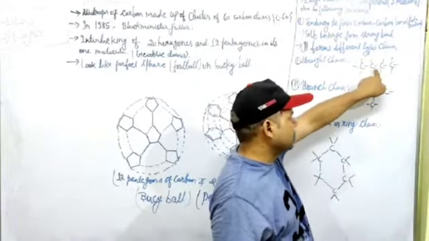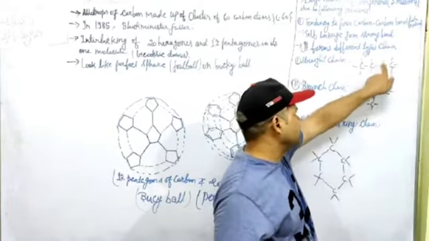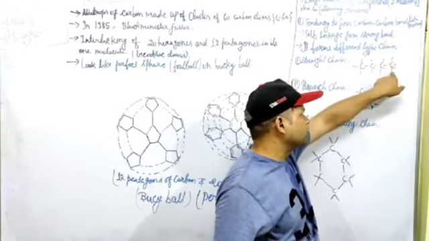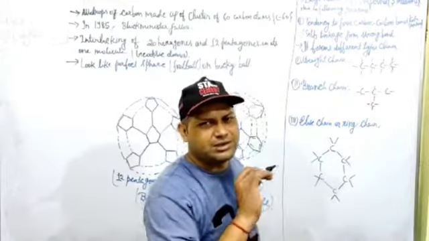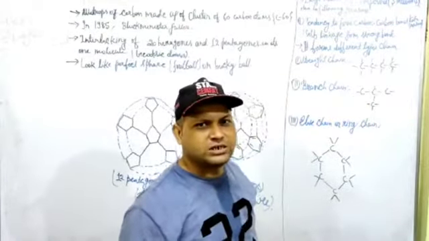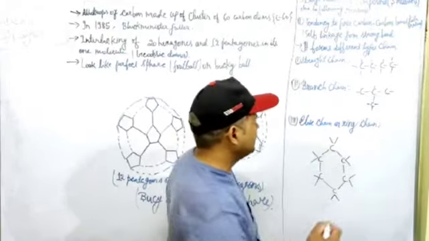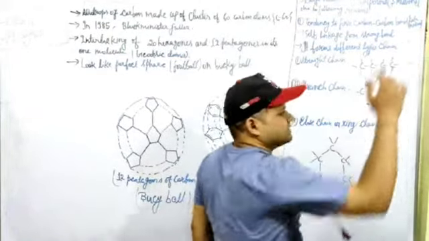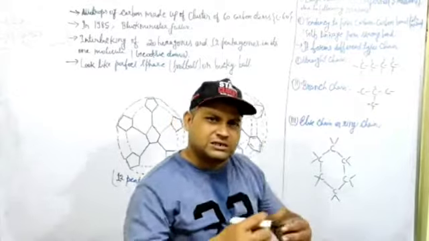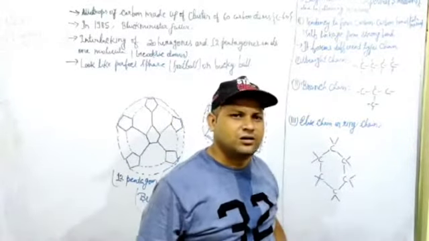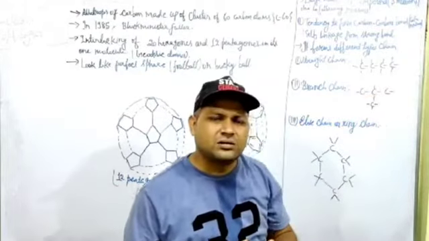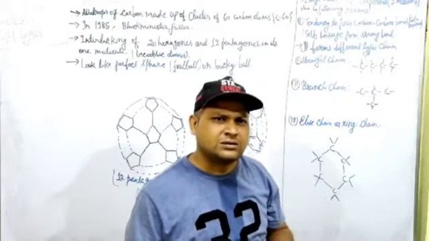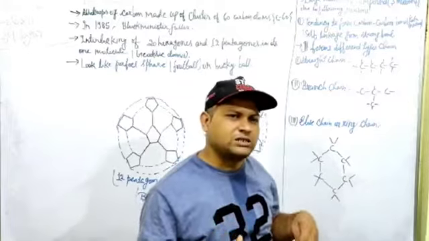This is also shared between 2 carbon atoms, and this too. So each carbon atom has 4 bonds here. Due to this, this is a long chain that can be stretched infinitely. So this long chain is the reason the number of compounds is large.